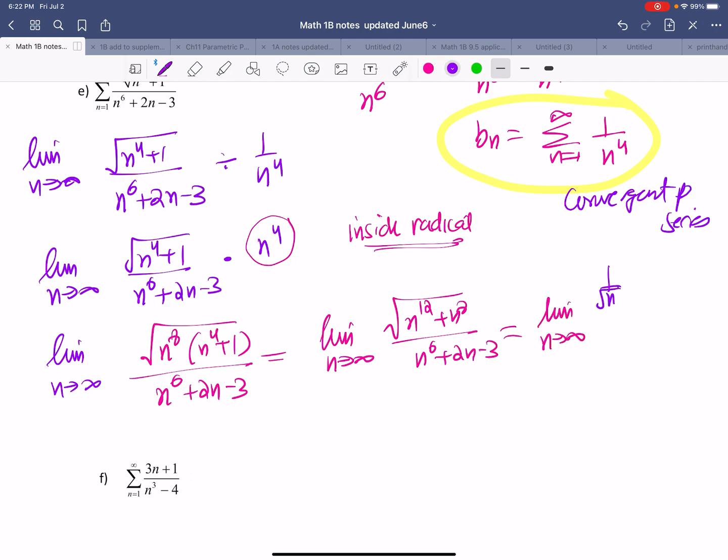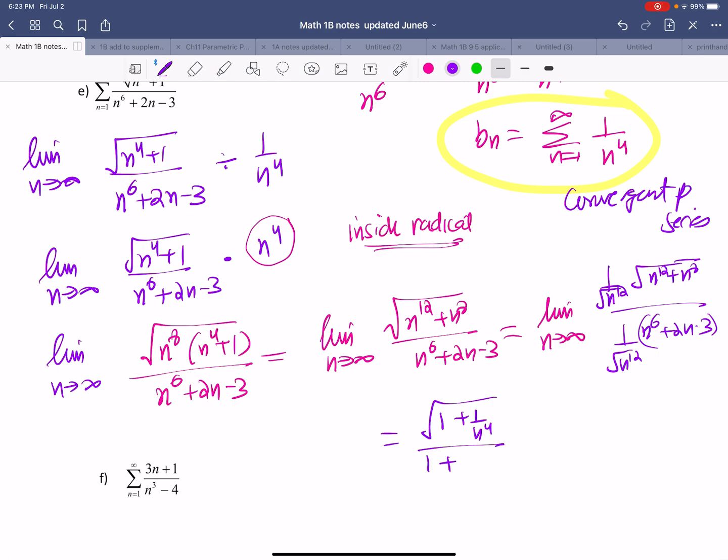That leaves the square root of 1 plus 1 over n to the power 4, over 1 plus 2n over n to the power 6 minus 3 over n to the power 6.